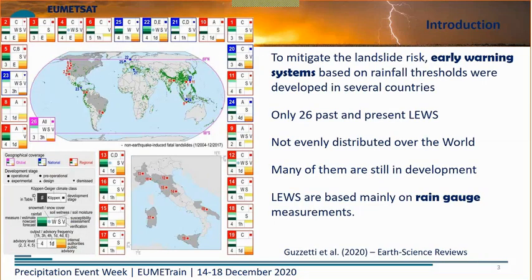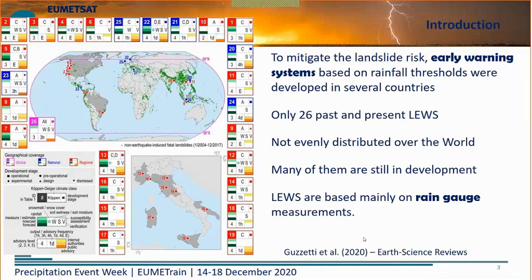Generally, to mitigate landslide risk, countries have developed early warning systems based on rainfall thresholds. Here you can see the main features of present and past early warning systems for landslides throughout the globe, reported in this study by Piciullo in 2020.